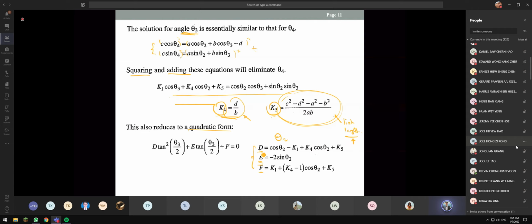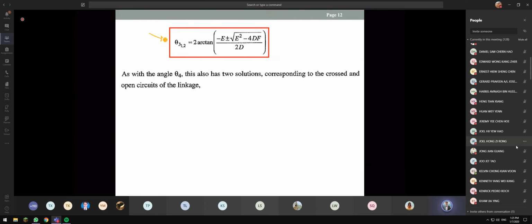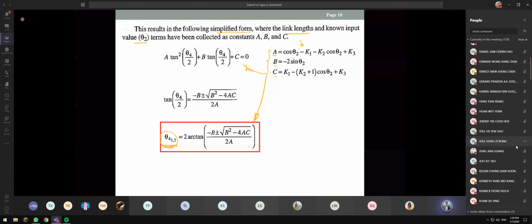Then we can substitute into these formulas to find theta 3. As with the angle theta 4, this also has two solutions, corresponding to the cross and open circuit of the linkage. You will see that there is a plus minus here, so that's why I mention theta 3.1 or theta 3.2, same as theta 4.1 and theta 4.2.